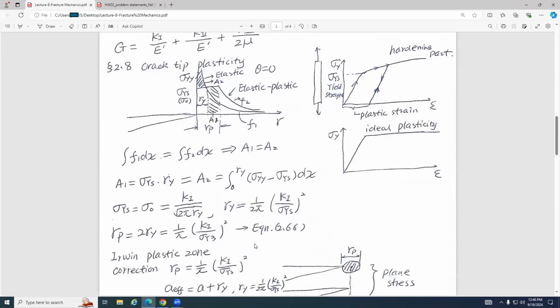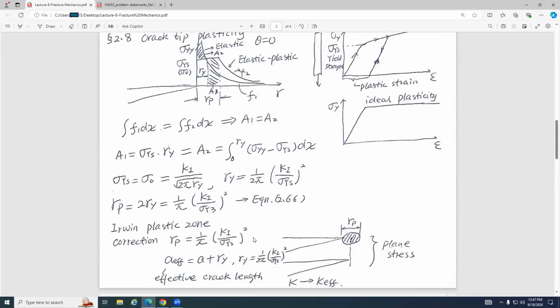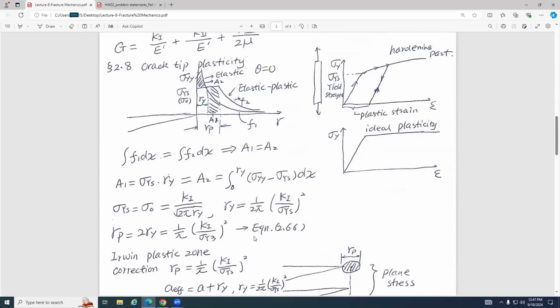Actually, linear elasticity is a very strict assumption, but most of the time we cannot do that. And then we have plasticity. For plasticity, usually we have this kind of plasticity.